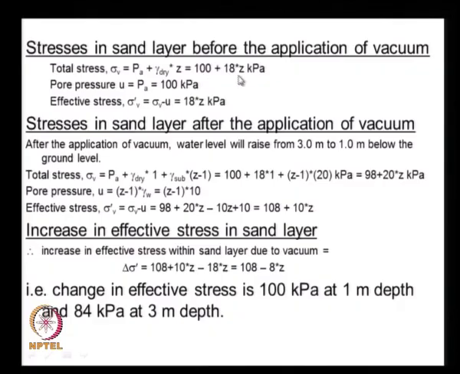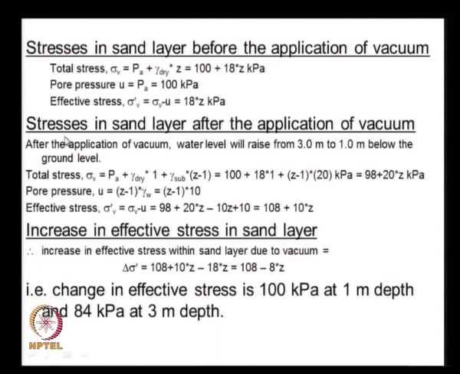So, it is 100 plus 18 times Z, and the pore pressure is simply PA, because that is the neutral pressure that is acting, and the effective stress is sigma V minus U, that is 18 times Z. We do not normally consider the atmospheric pressure as a pore pressure, but in this case, because we are dealing with the removal of atmospheric pressure, it helps us in separately considering the atmospheric pressure. Normally, if we have a dry sand, the effective stress is simply the unit weight multiplied by Z.